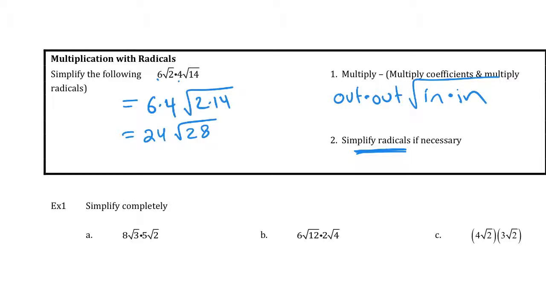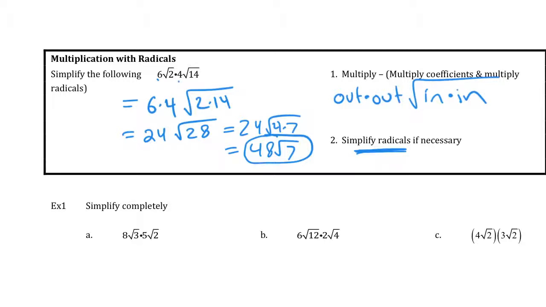And here's where we can simplify square root of 28 to be 24 root 4 times 7. Square root of 4 is 2. So I get 24 times 2, which is 48 root 7. Okay, so it's a two-step process. Outside, outside, inside, inside, and then simplify if necessary.